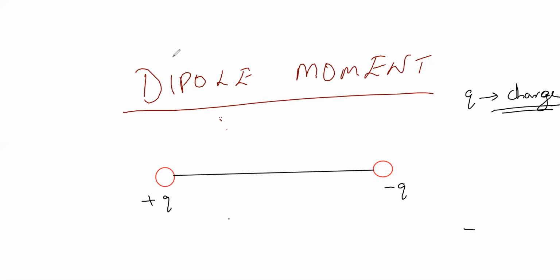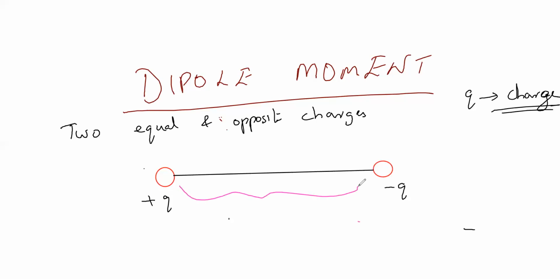You can see how many charges? Two charges, of opposite sign. So now you can write: two equal and opposite charges, and they are separated by a distance d.